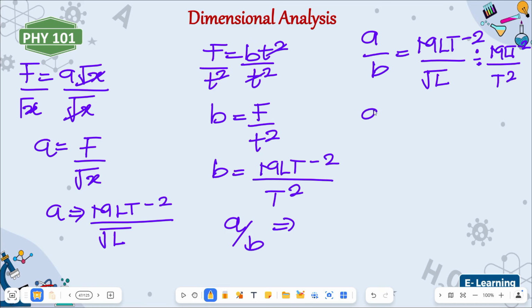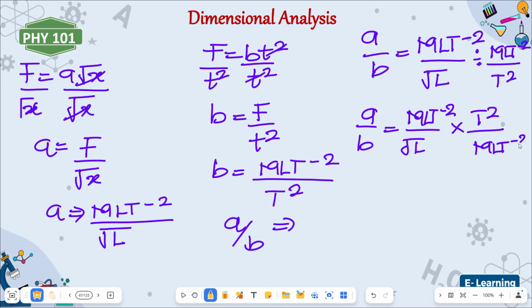All right, so our A over B would be equal to MLT minus 2 divided by root L times, if we put times here, T squared will come up, MLT minus 2 will come down. So here will be T squared all over MLT minus 2. This cancels this, and our A over B will be T squared all over root L. And that is the correct answer to that question.